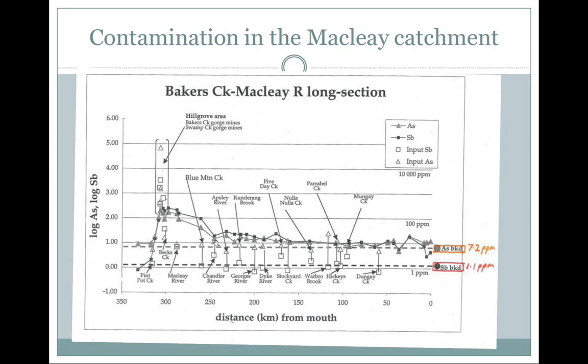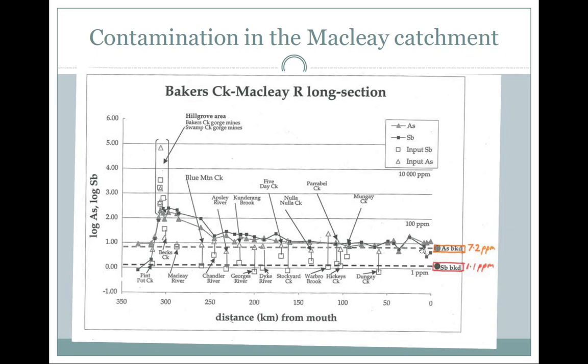And we have a prominent plume of elevated arsenic and antimony potentially 50 to 100 kilometres downstream into the Macleay River. And you might not be getting down to background for 300 kilometres.